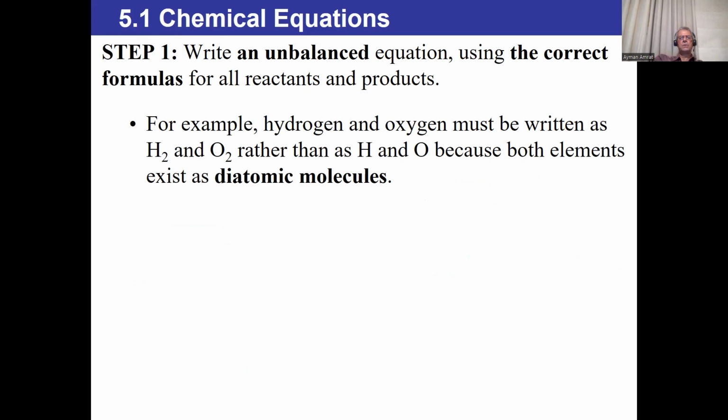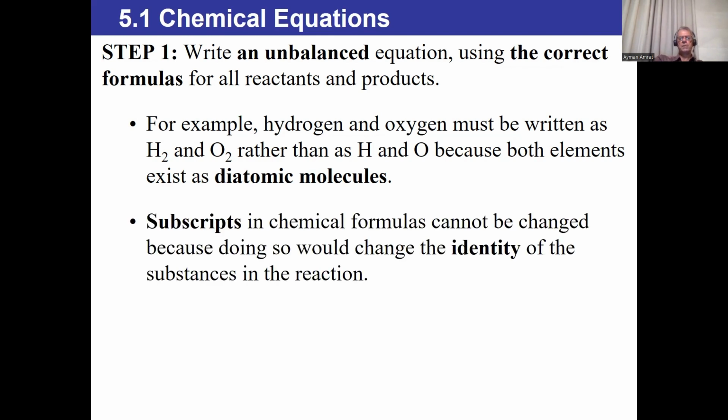These atoms are found in the elemental state as H2 and O2 rather than as H and O. Also, other examples of diatomic molecules are N2, Cl2, Br2, I2. There are 7 diatomic molecules, beside hydrogen and oxygen.